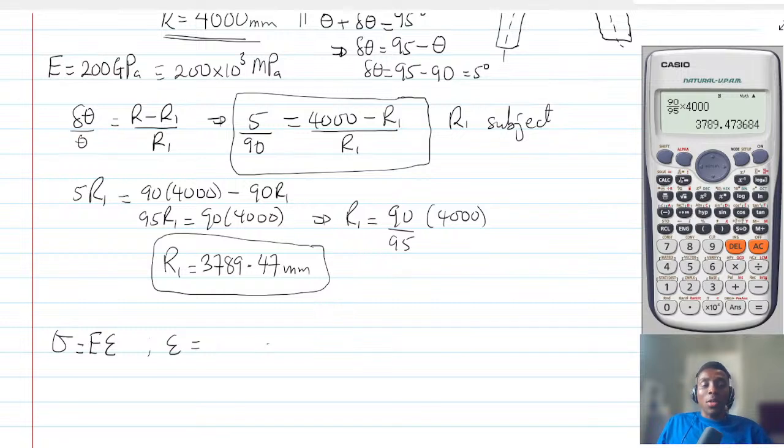So when you get to this point, it's going to be y multiplied by 1 over r1 minus 1 over r.